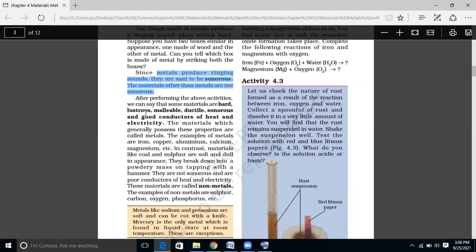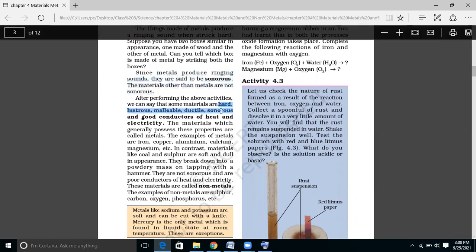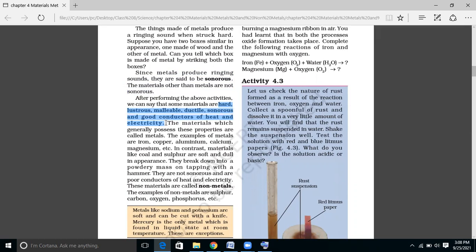So we shall club all the physical properties of metals as hard, lustrous, malleable, ductile, sonorous, and good conductors of heat and electricity.